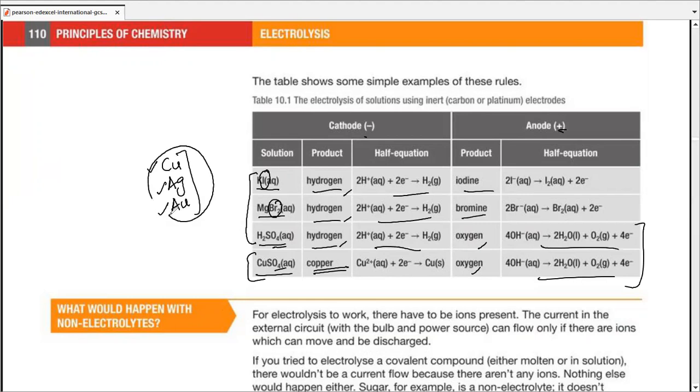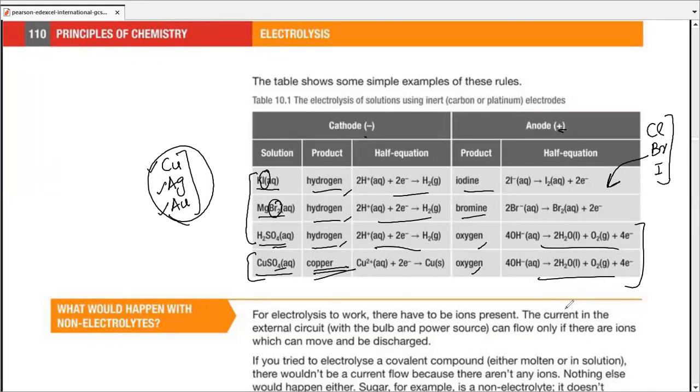Only in the case of these 3 metals is something else produced at the cathode. Only in the case of these 3 halogens are they produced at the anode. Those are the only cases in which something other than hydrogen or oxygen is produced at the cathode or anode, respectively. That's what the last 3 points meant.